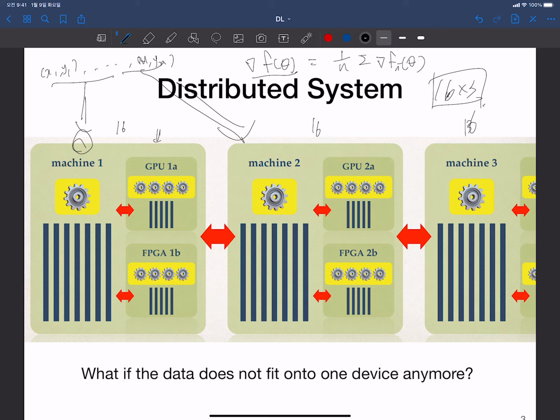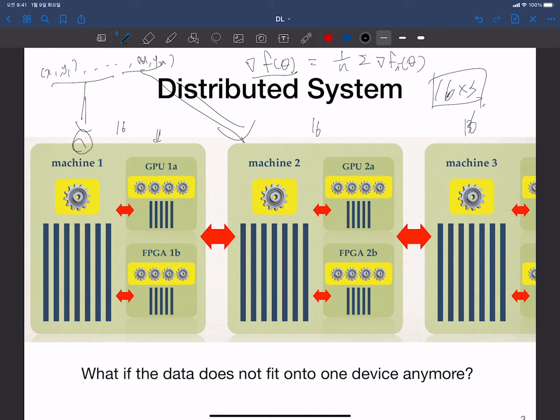Because we can compute the gradient for 16 data points at each machine. So at the same time, we can compute 16 by 3 different data point gradients. Okay, so that's one very nice property of a distributed system.